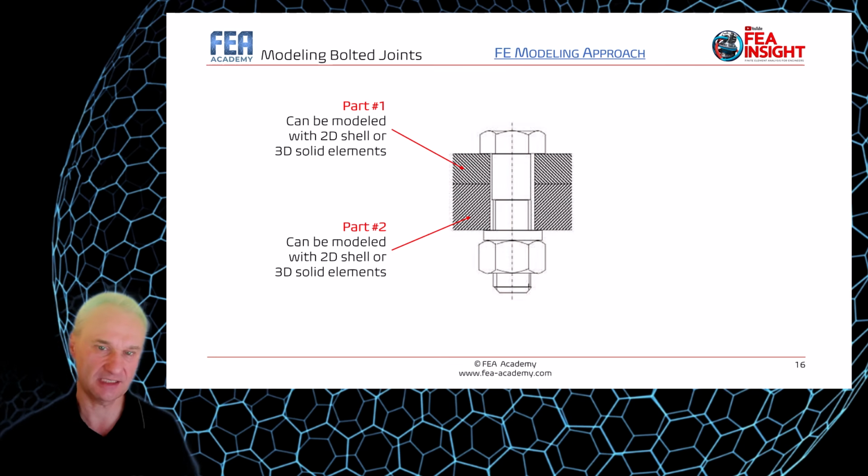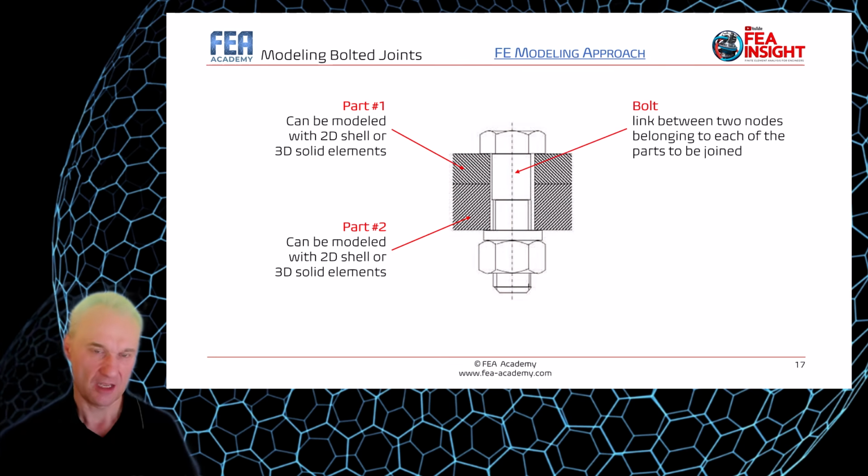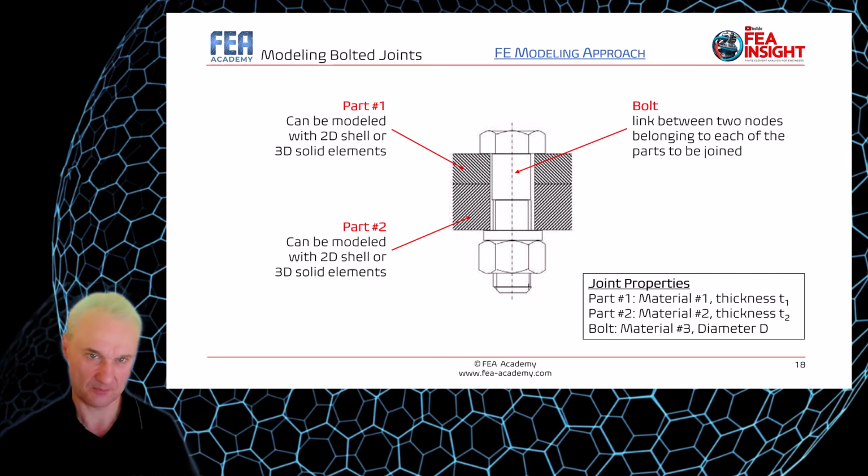So the modeling techniques we will discuss in the next slides can be applied with parts modeled in 2D or 3D. For both shell and solid models, the bolt element is a link between the nodes belonging to each of the parts to be joined.